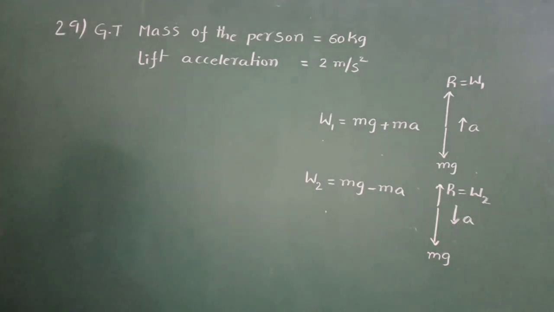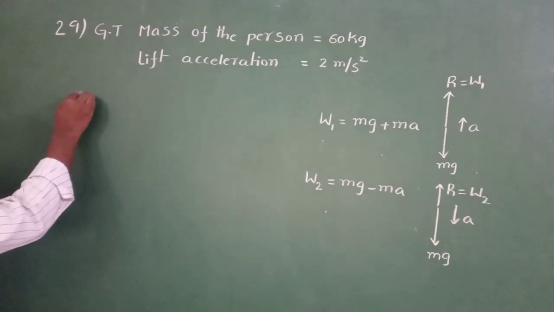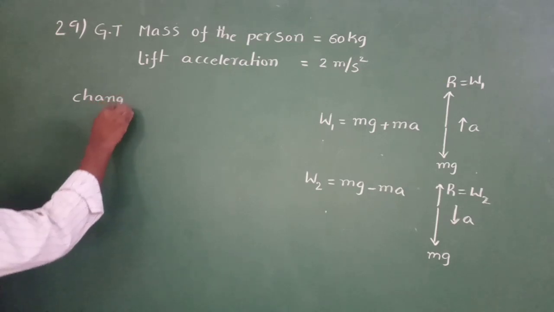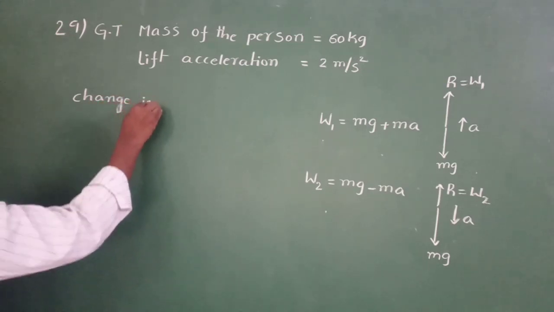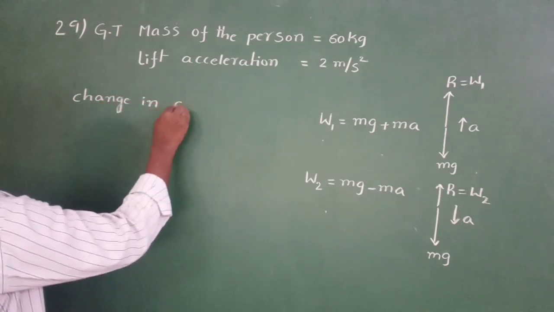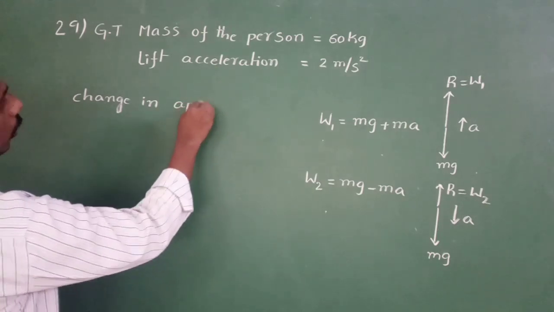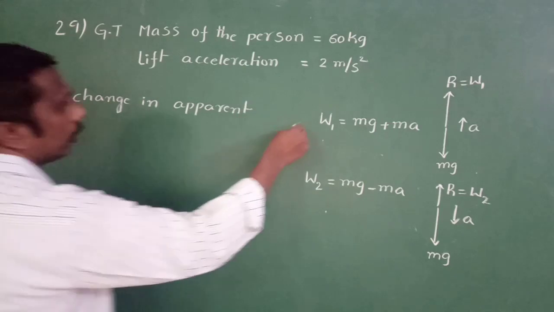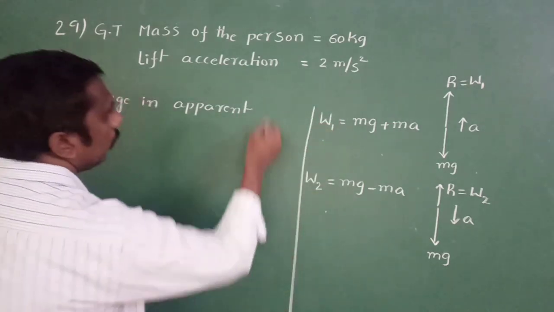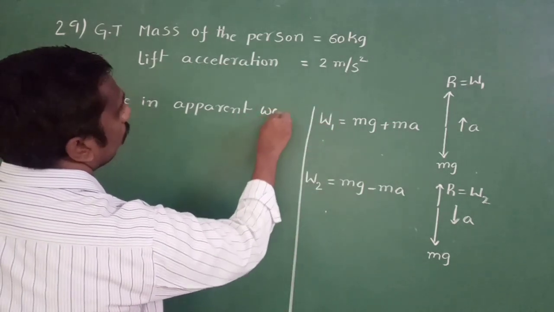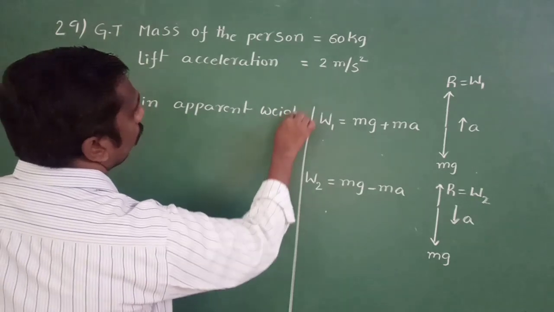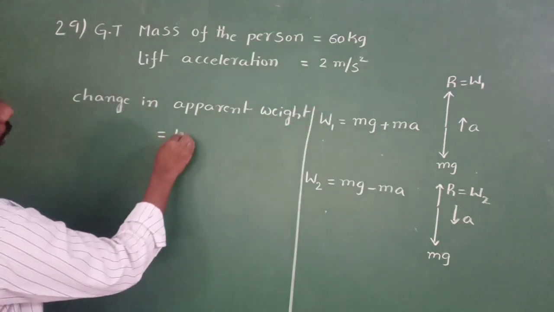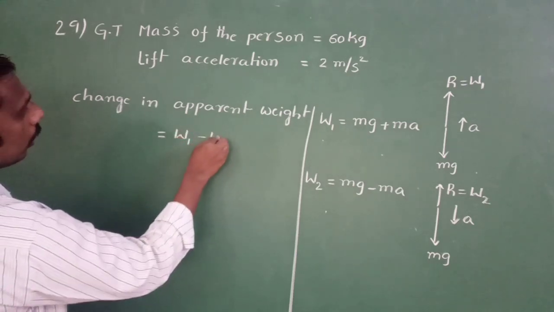We have to calculate the change in apparent weight. So, change in apparent weight is equal to W1 minus W2.